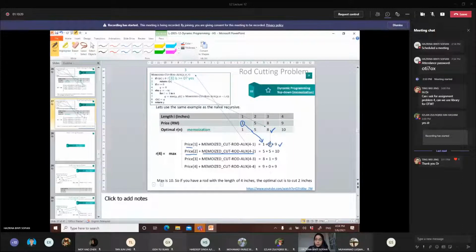This price 2 we get from here, and this we get from R2.